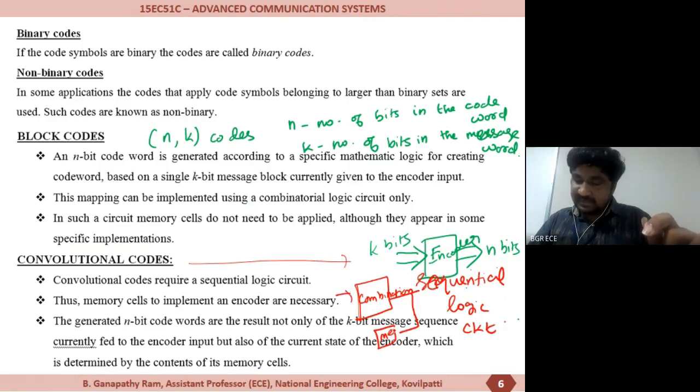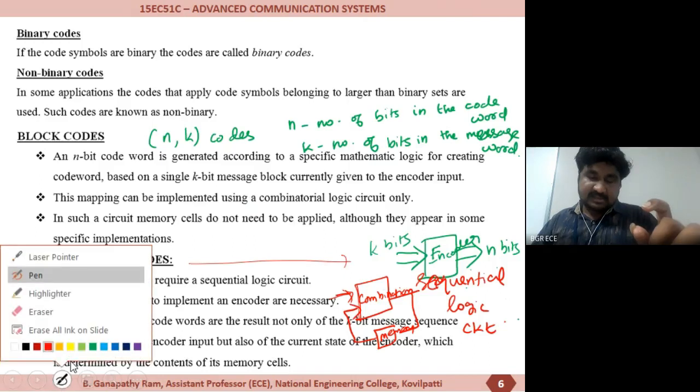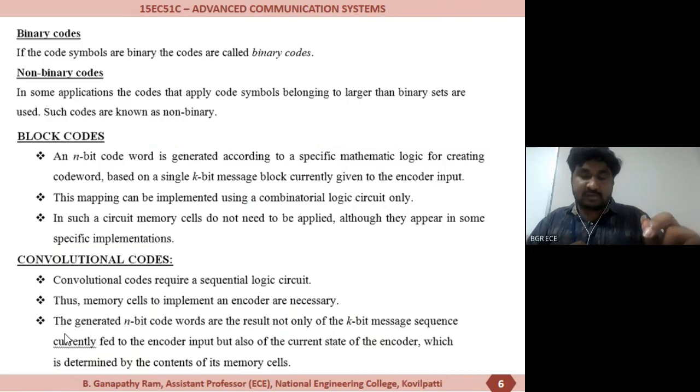The memory output will be given back to the input. So the output of this encoder depends upon the present message data as well as the previous data. Then this type of code is called a convolutional code. And it depends upon the current state and the previous states of the encoder.